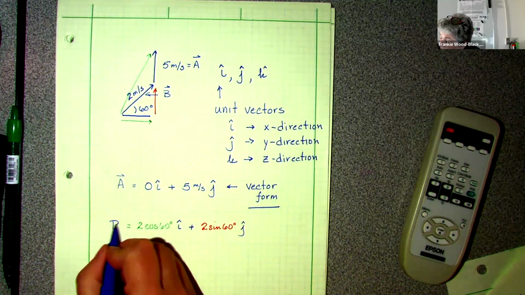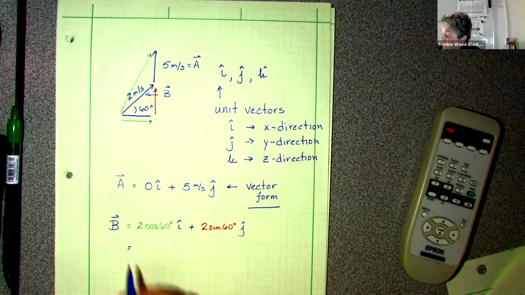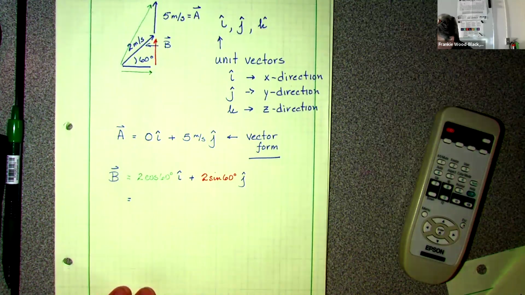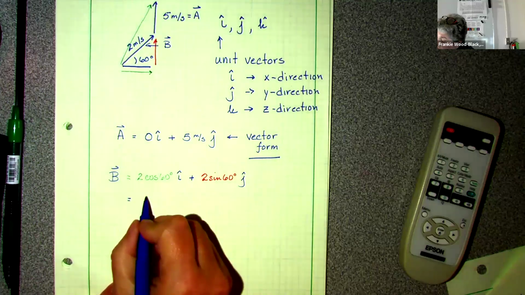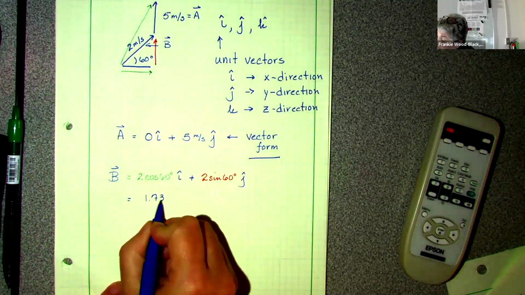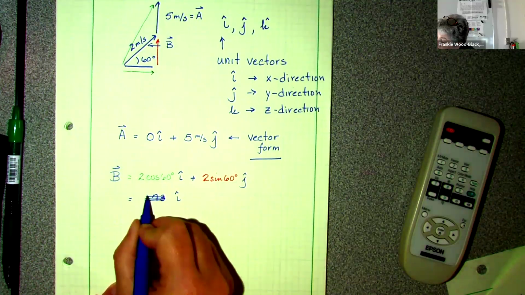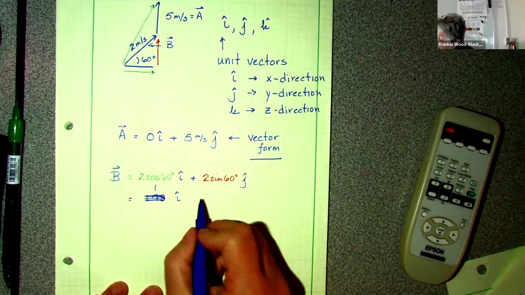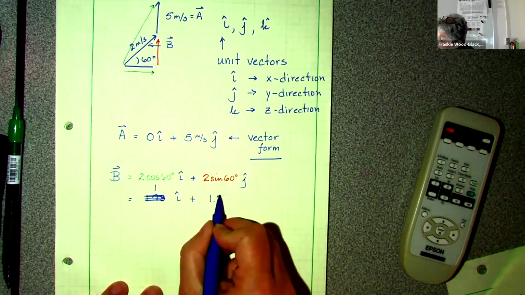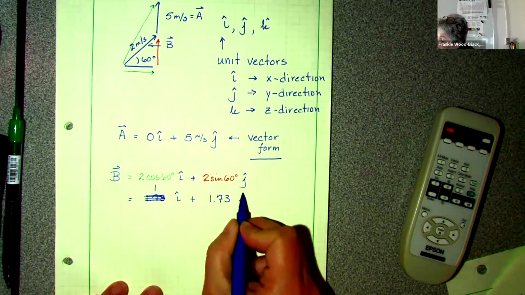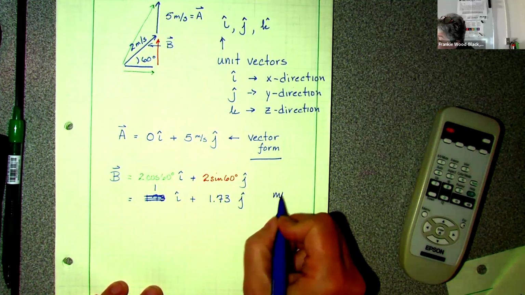And this is our vector B. And my vector B, which we've already figured out, is 1.73 in the I direction. Nope, sorry, I got it backwards again. It's 1 in the I direction, and it's 1.73 in the J direction. And these are still in meters per second.